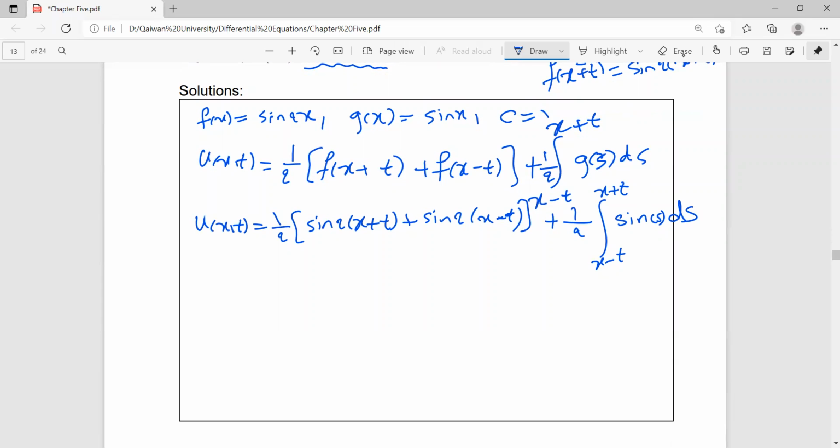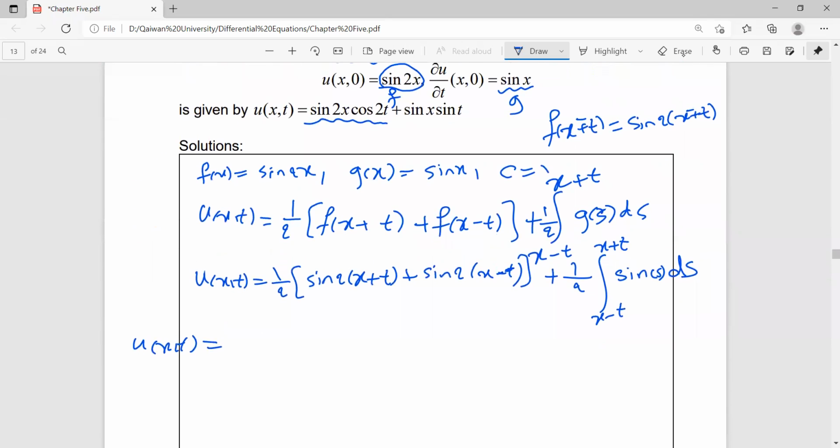Now we take that integration. We get u of x,t equals a half of sine 2 times x plus t plus sine 2 times x minus t, plus a half of the integration of sine.